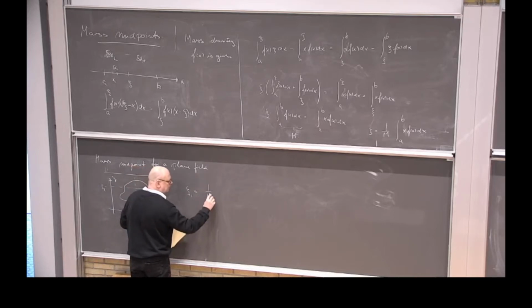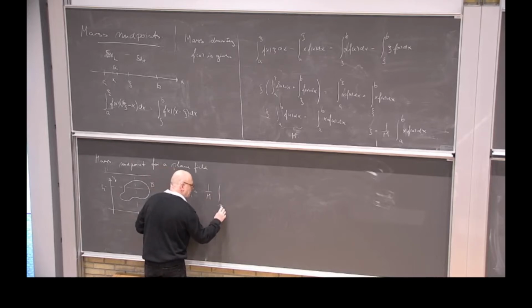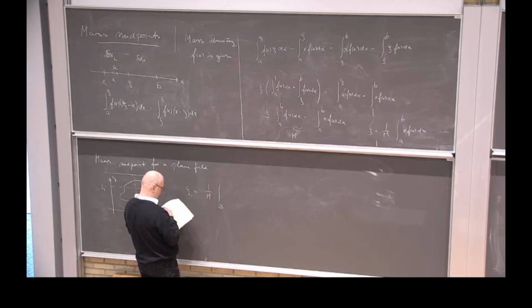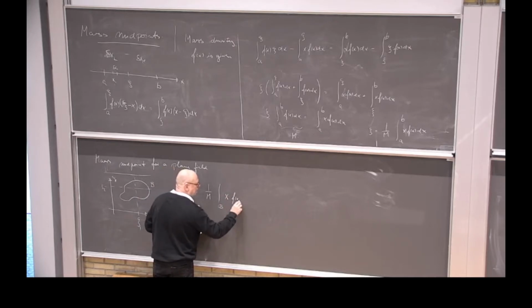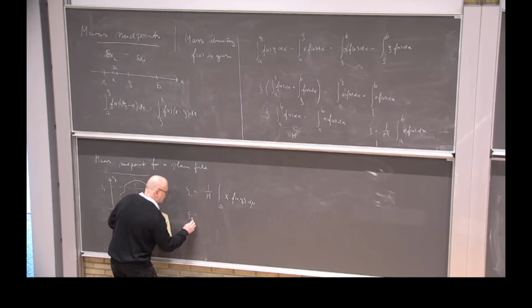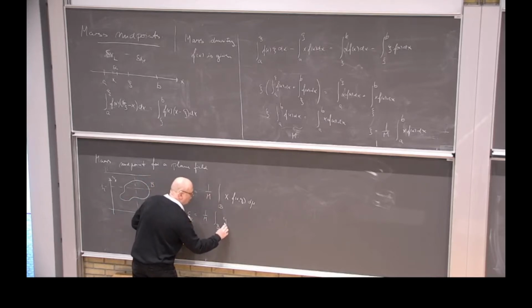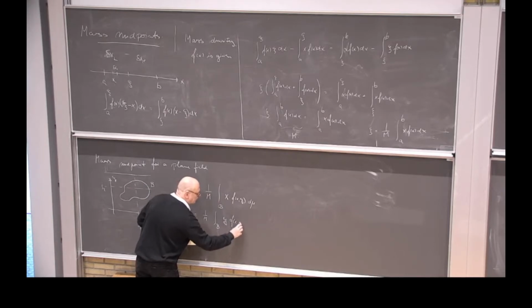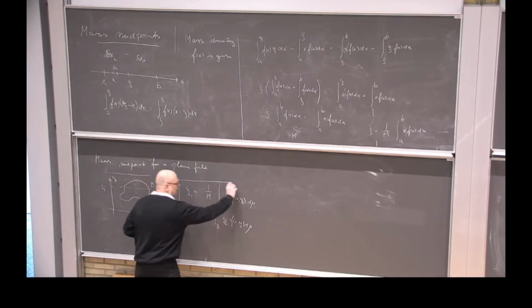You have the total mass, and then you have the integral over your field, and then you should have x times your mass density, and similarly in the other direction you have y times f of x y. So this is simply the mass midpoint.